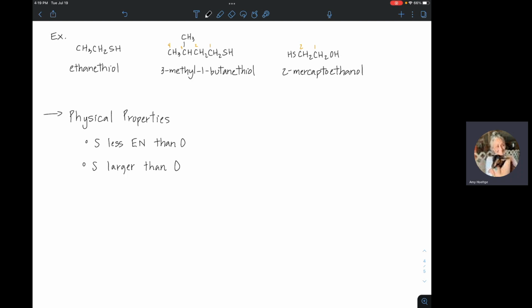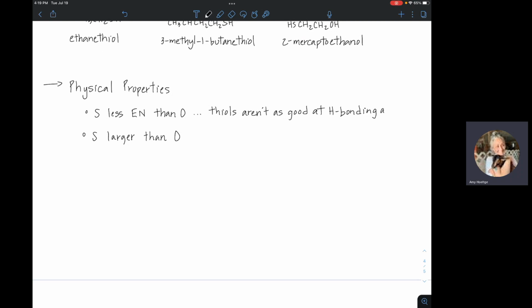And because sulfur is not as electronegative as oxygen, thiols are not as good at hydrogen bonding as alcohols. If they're not as good at hydrogen bonding, what suffers?